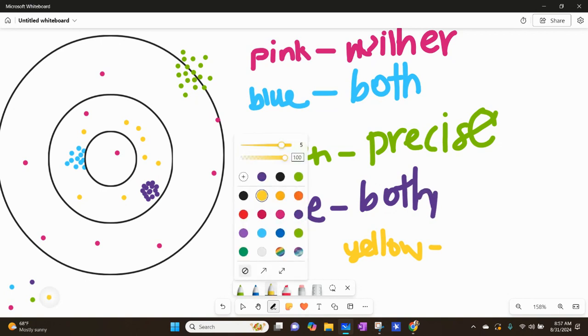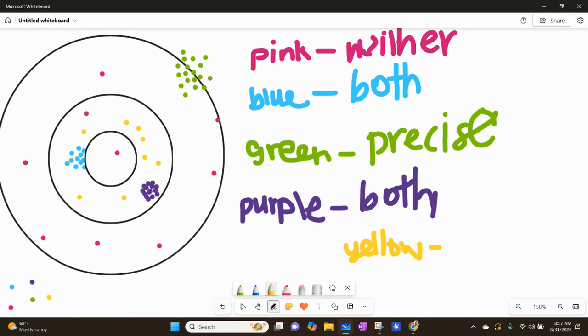Our yellow points are very close to the center, but they are not close together like we have in our green, our blue, and our purple. So this makes them accurate.